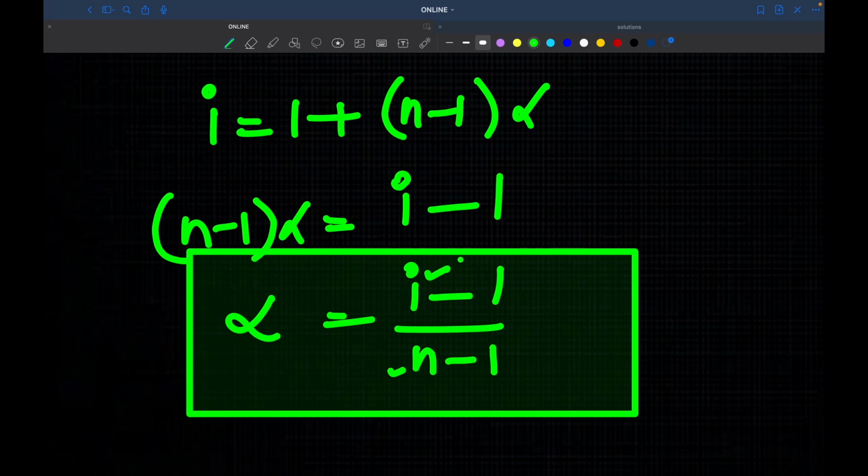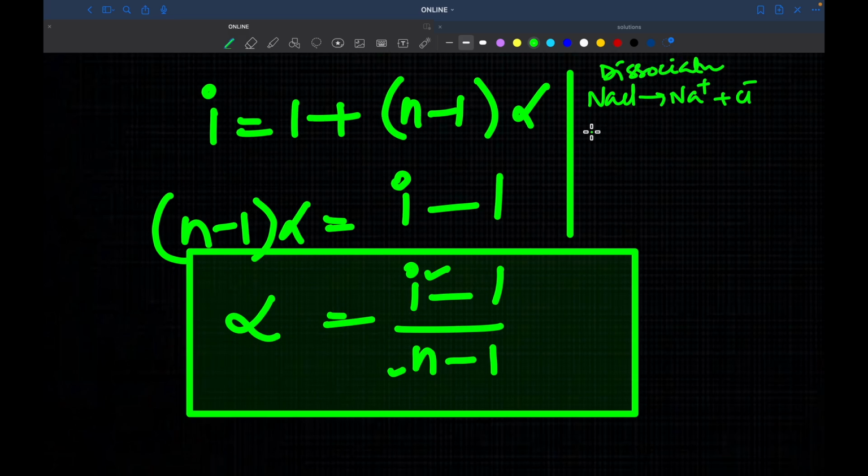There are two cases here. The other case: generally NaCl gives you Na plus and Cl minus. This is dissociation. But when you take 2 moles of CH3COOH, it will be dimerized.